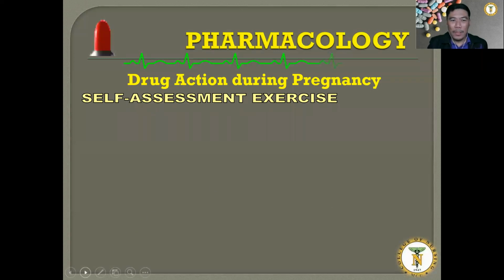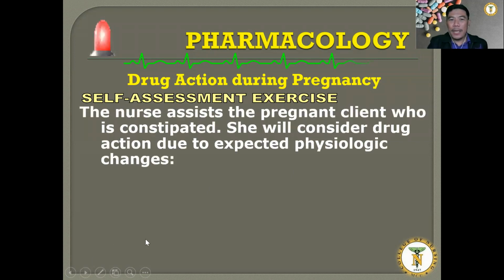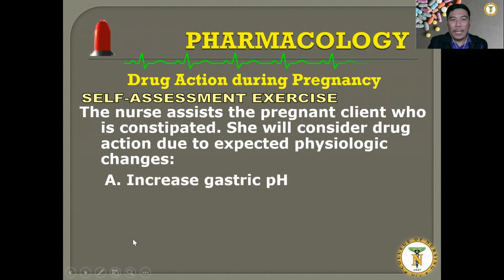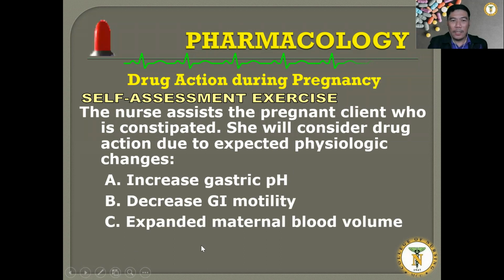So be attentive. The first question: the nurse assists the pregnant client who is constipated. She will consider the drug action due to expected physiologic changes. Is it A, increased gastric pH? Letter B, decreased gastrointestinal motility?